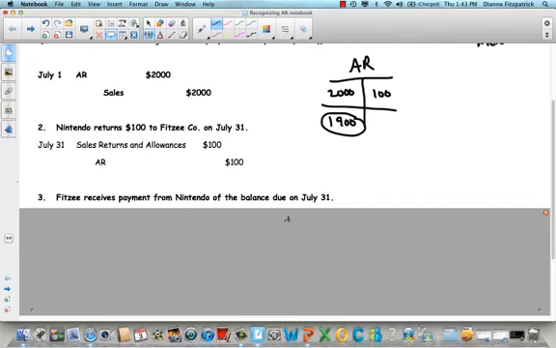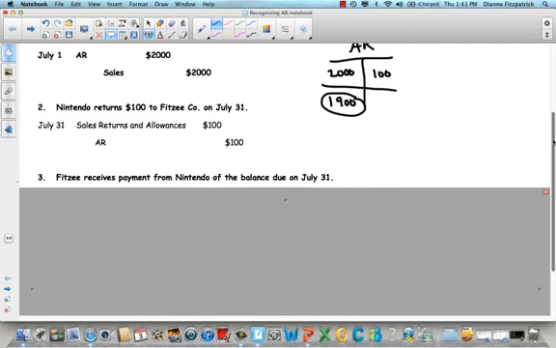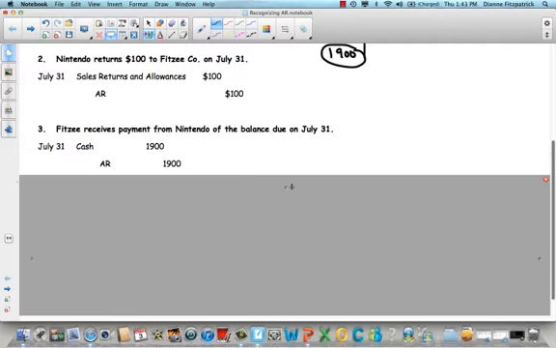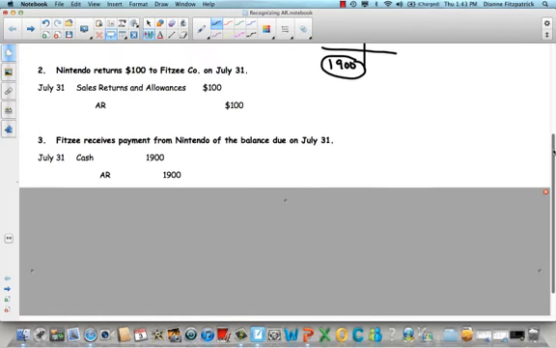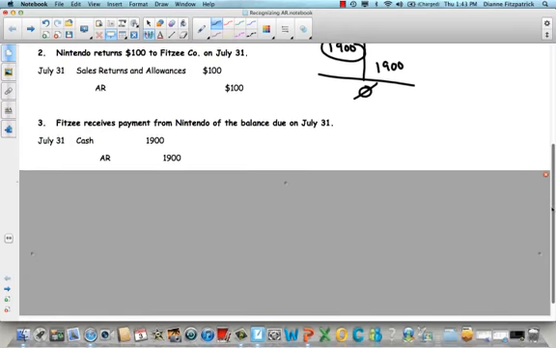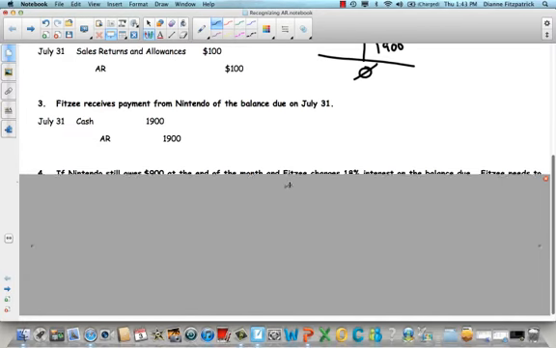So we received payment from Nintendo of the balance, and we know it's $1,900, so we're going to collect that cash, and we're going to credit that accounts receivable now of $1,900 because they paid off their account. We should have a zero balance here. Right? Make sense? Pretty easy.